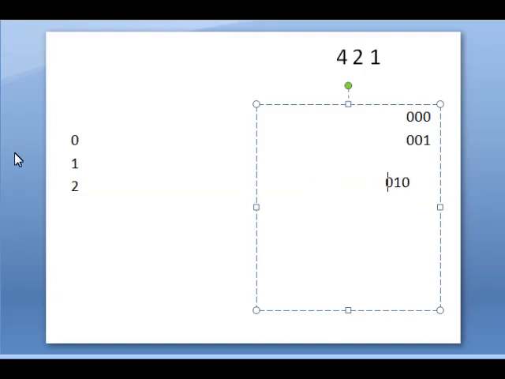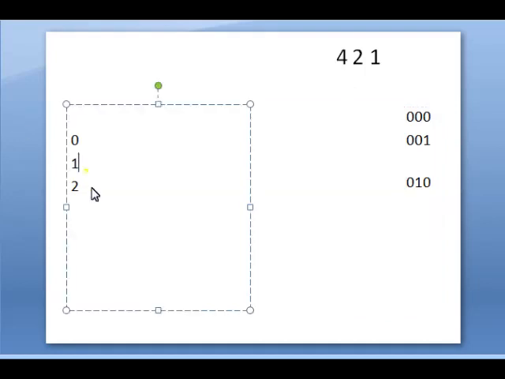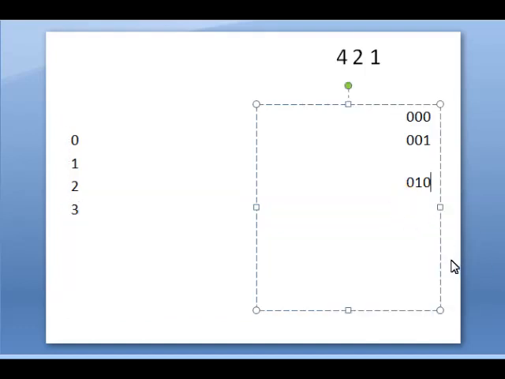The next number is 3. How will you write the binary equivalent for the number 3? There is no 3 here, so we have to add two numbers, that is 2 plus 1 is 3.